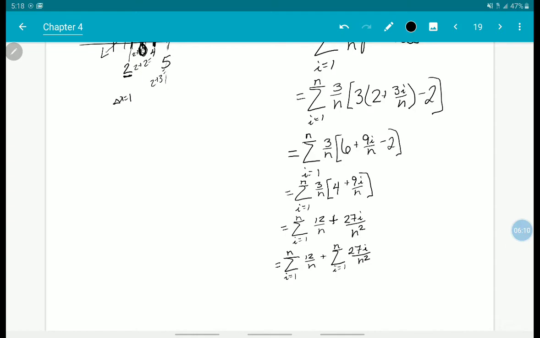Now, think about what this means. I'm replacing i with 1, then with 2, then with 3, all the way up to n. This first term doesn't have an i in it, so we're actually treating it like a constant. So we could view that as 12 over n times n, using that constant formula.